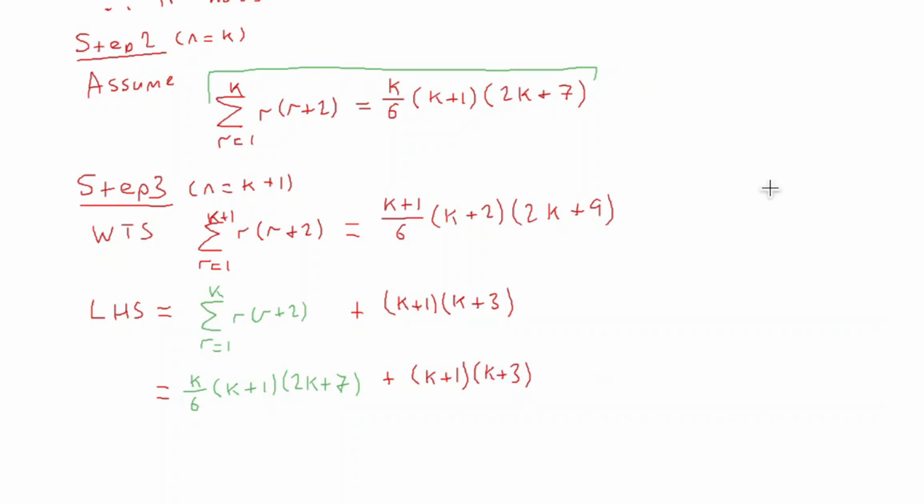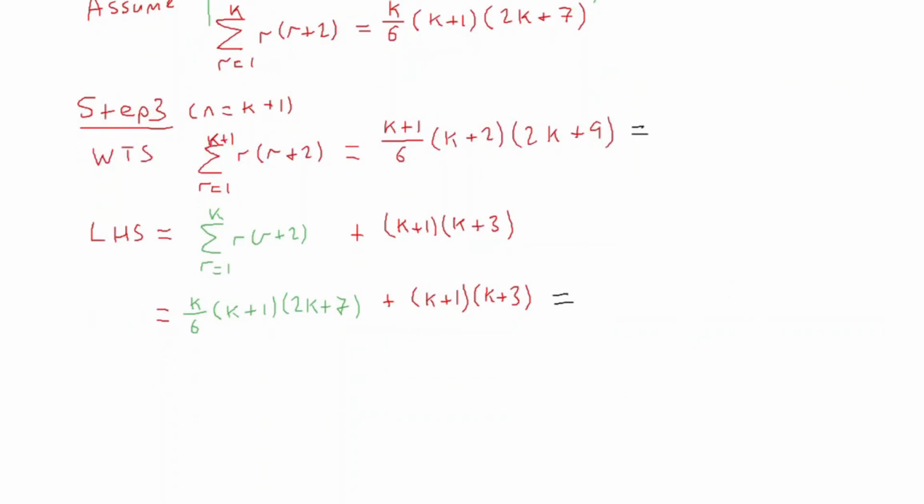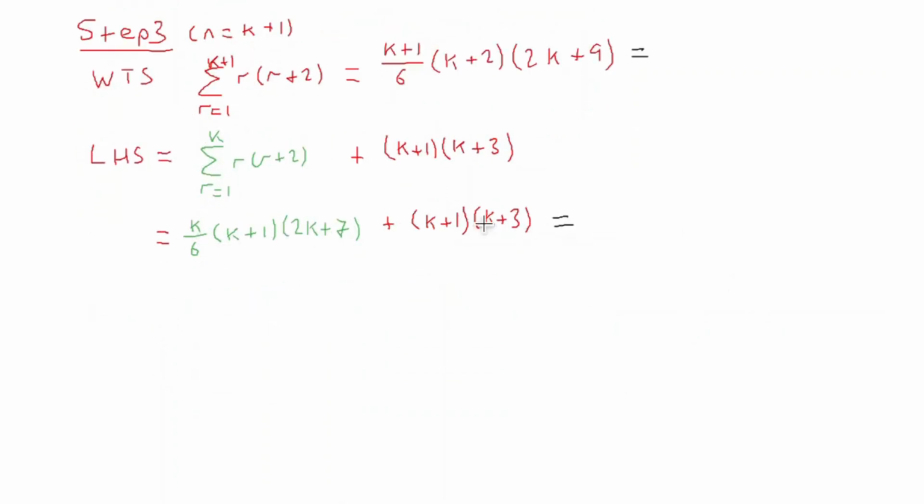Now, if you prefer at this stage, you could expand this and you could expand this and show that those two things are the same. I'm going to go through the method I showed in the last video, which is factorizing this expression to get there a little bit more quickly, although it is a little bit more difficult.